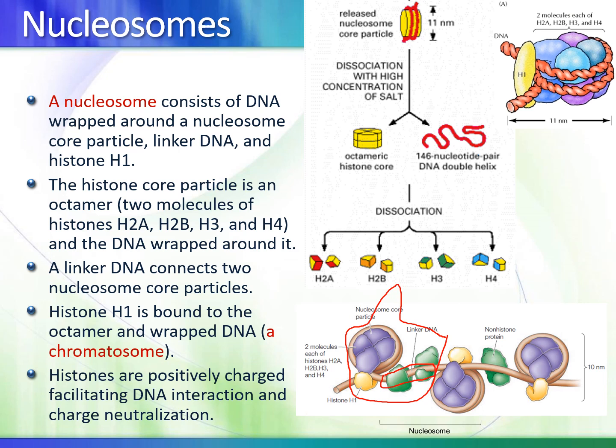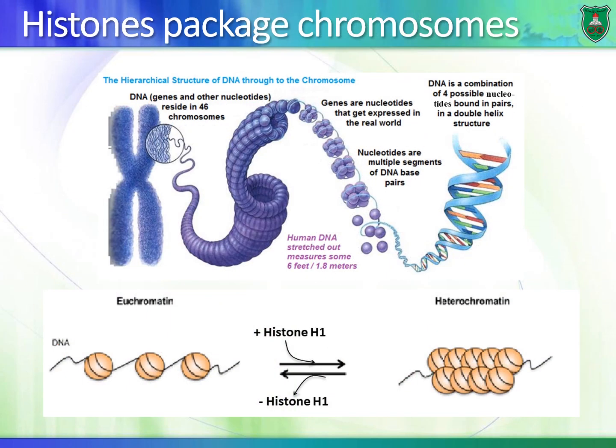Now, someone might say, wait a second, what's the purpose of histone H1? What does it do exactly? It seems that it stabilizes the interaction between the octamer and the DNA. It does have another important function.